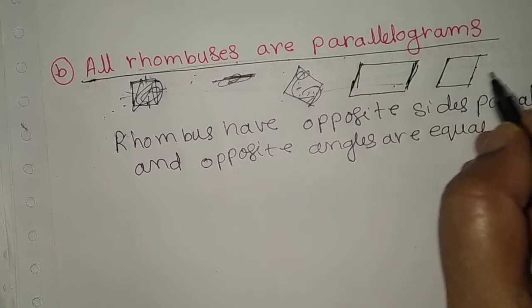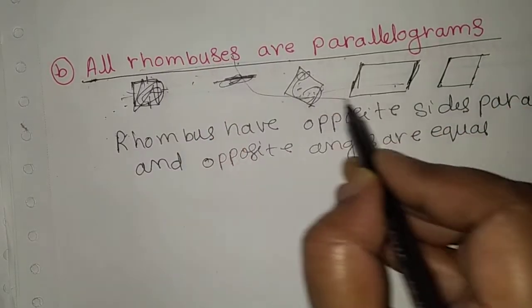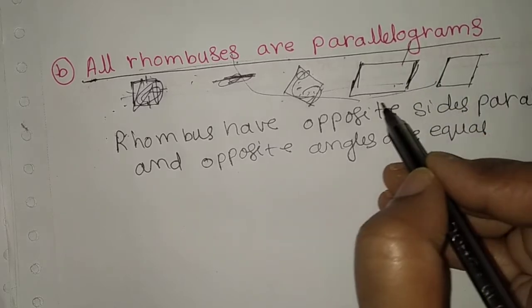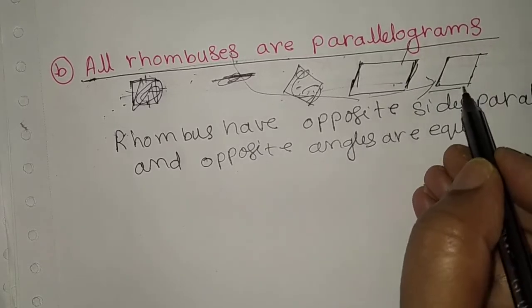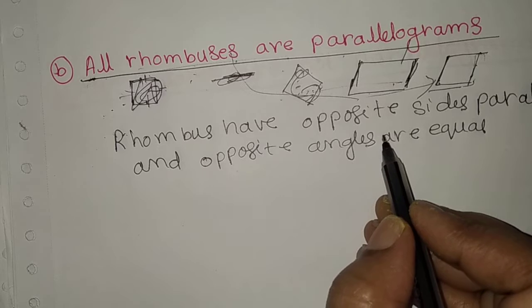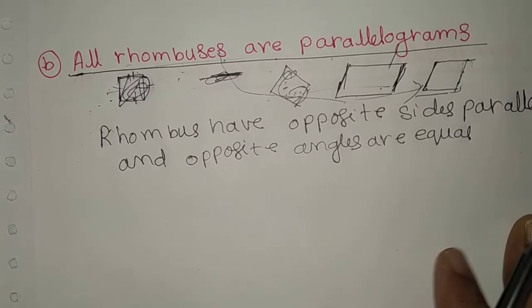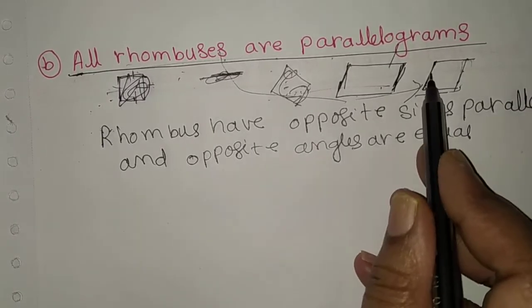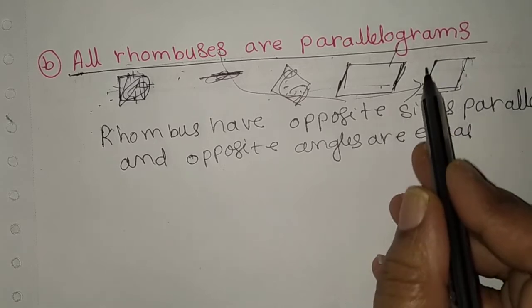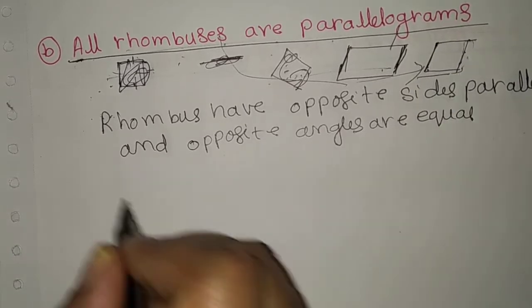So this is a rhombus, and this one is a parallelogram. Here I am writing for rhombus: have opposite sides parallel and opposite angles are equal.